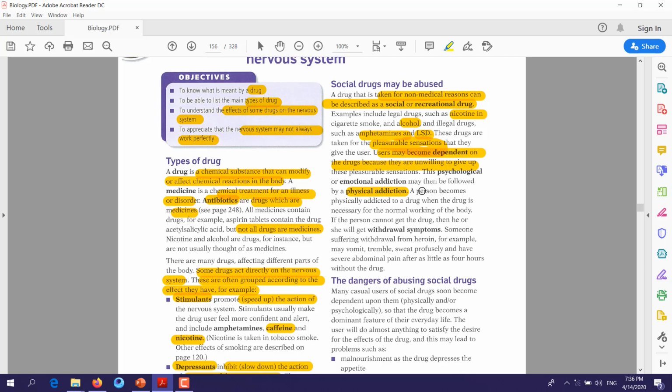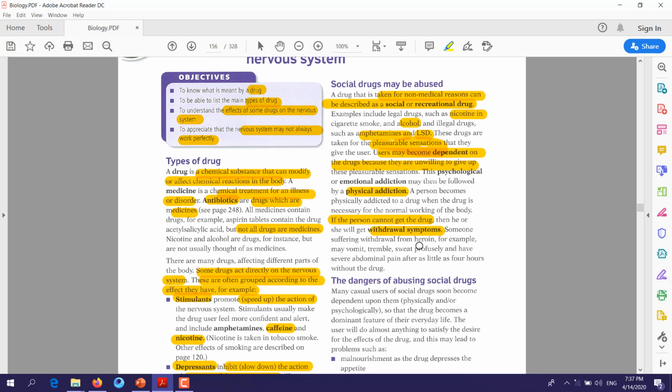This physiological or emotional addiction may then be followed by a physical addiction. A person becomes physically addicted to a drug when the drug is necessary for the normal working of the body. Here you should focus: if the person cannot get the drug, what will happen? Then he or she will get withdrawal symptoms. What does that mean?